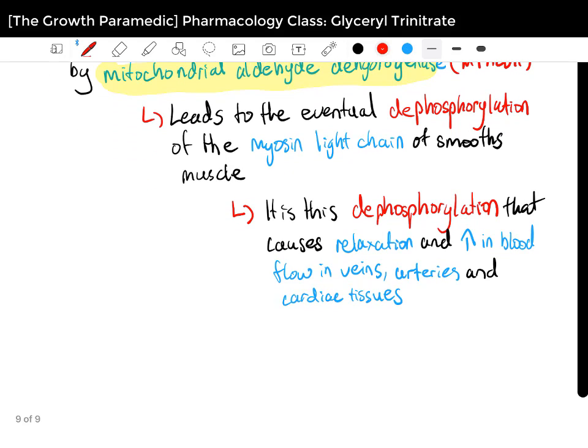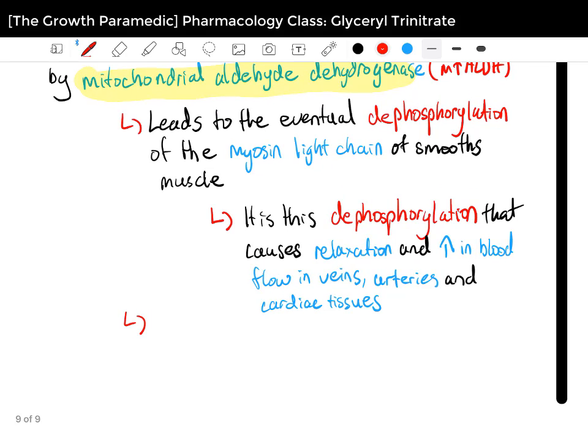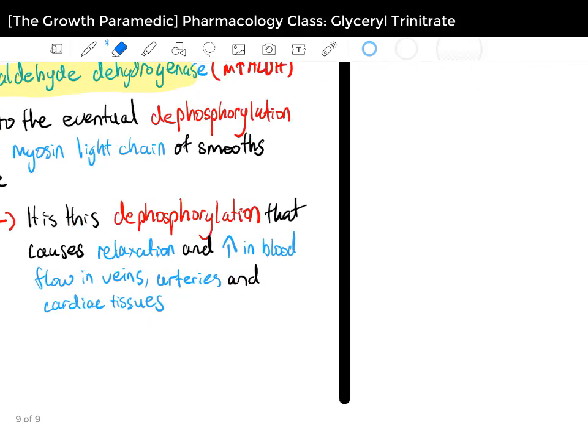So from here, I don't have enough space. I might go to the next point here. Go all the way to the top.